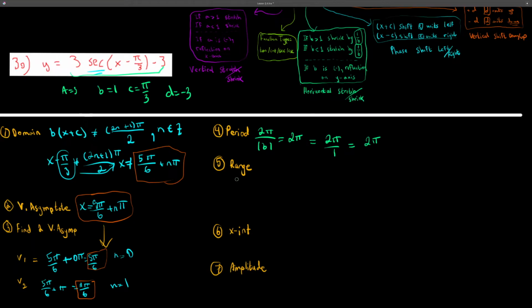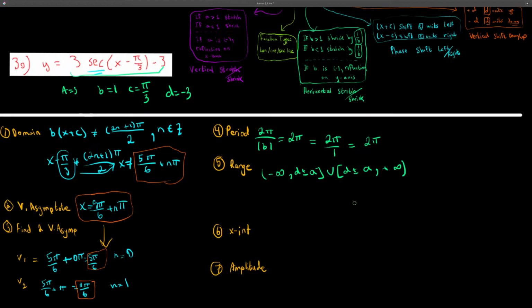Next up, we have the range. Now, the range formula is simple. We do negative infinity to d plus or minus a, and then brackets, make sure it's brackets, union d plus or minus a, and then to positive infinity, parentheses.